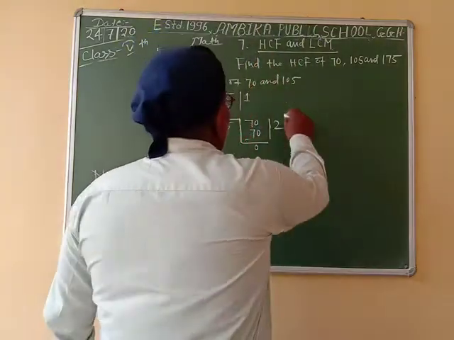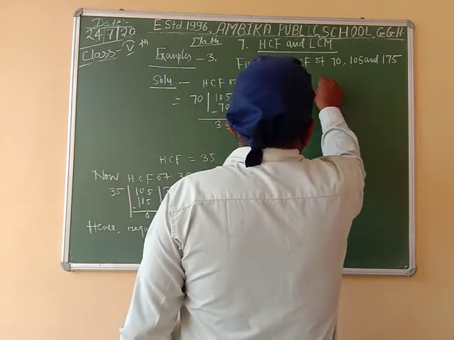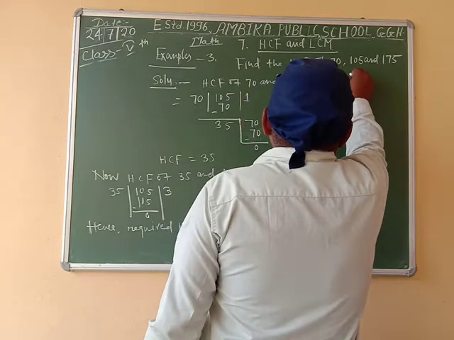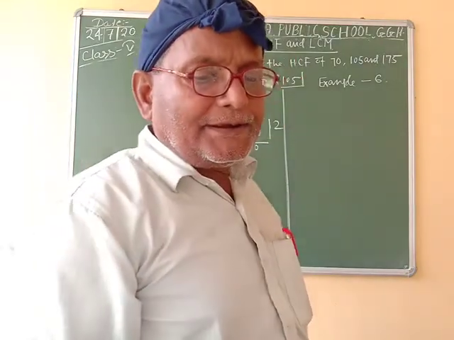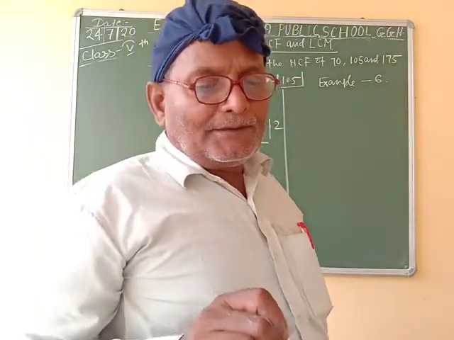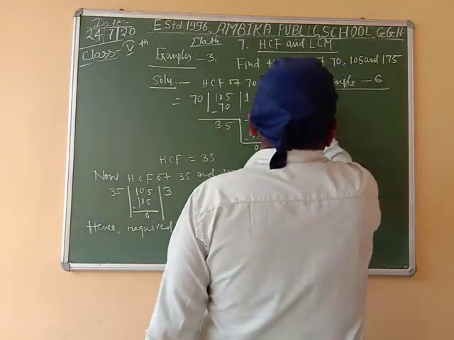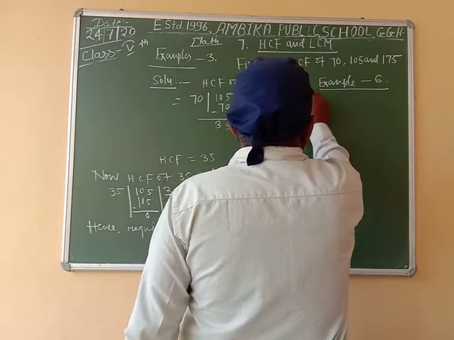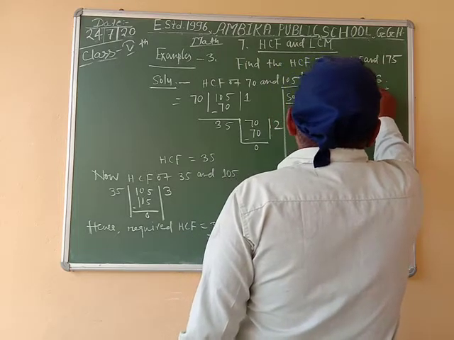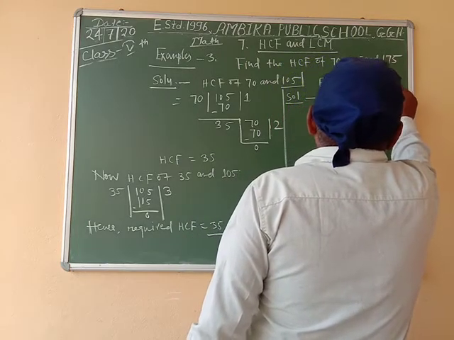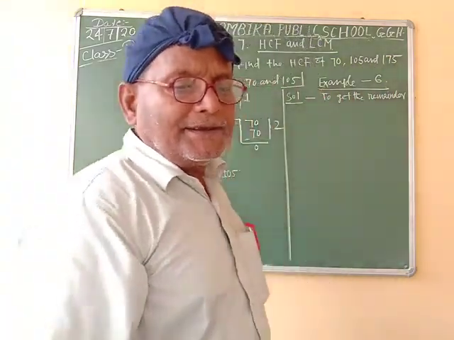In example 6, find the greatest number which divides 35, 37, 71 and 173, leaving the remainder 3 in each case.